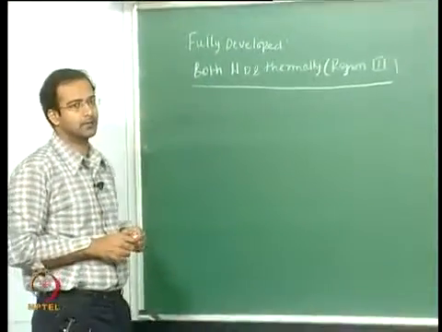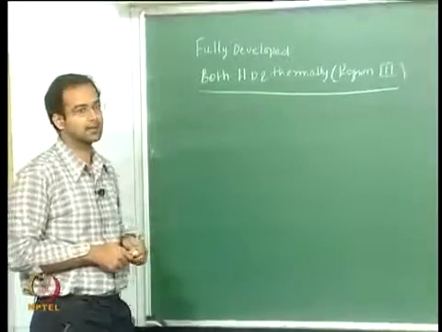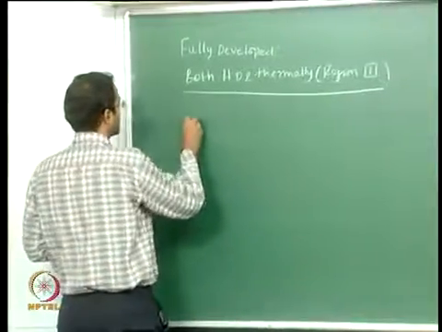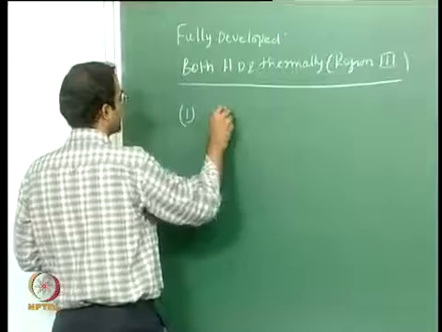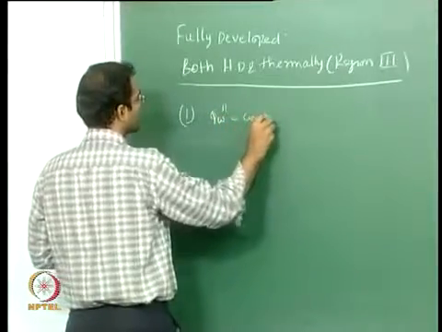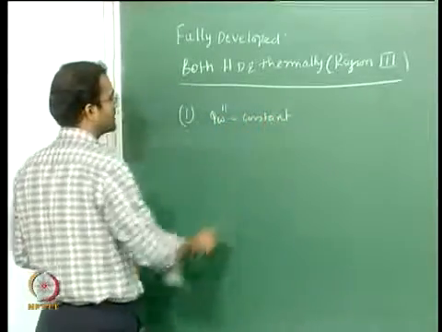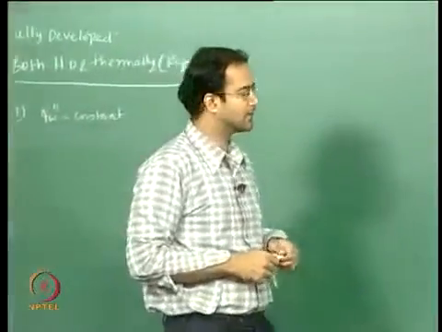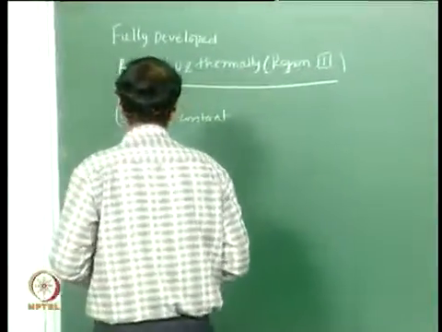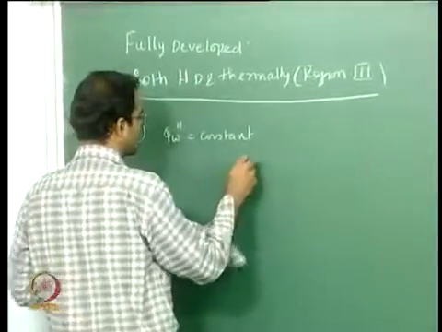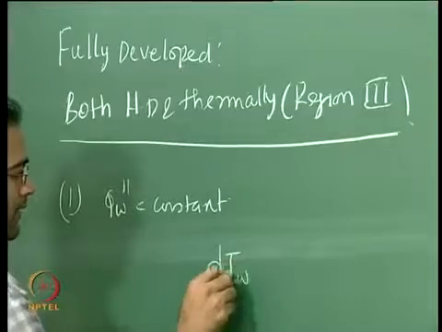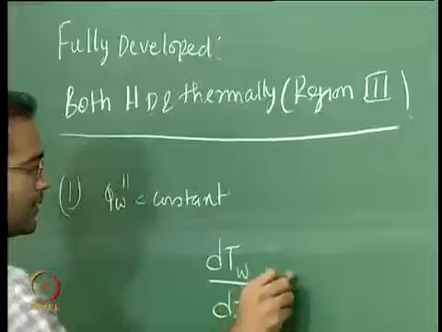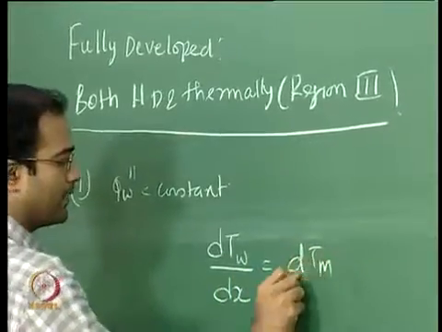The first case that we took was a constant wall flux boundary condition. So q wall double prime is constant, and for this case we have also shown that if q wall is constant, that means dT wall by dx should be equal to dTm by dx.